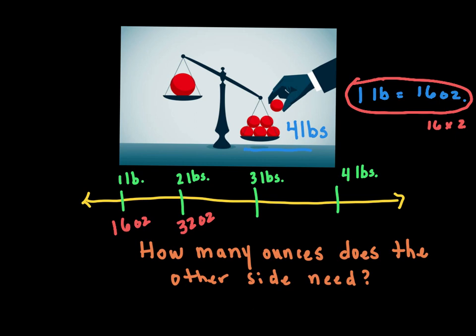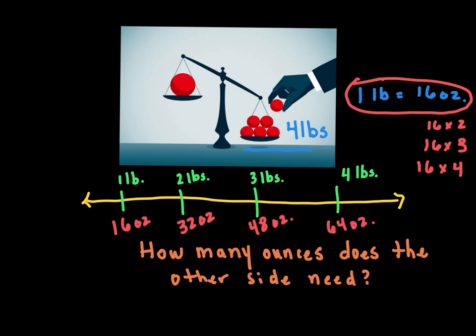Now, what about 3 pounds? 16 times 3 is 48 ounces. And then the last one is 16 times 4. And 16 times 4 is 64 ounces.